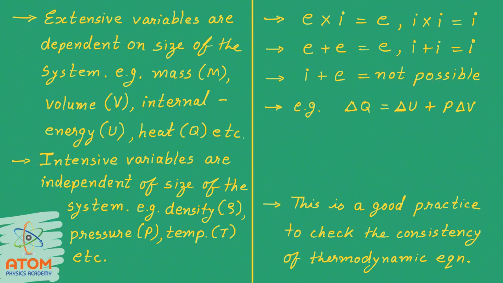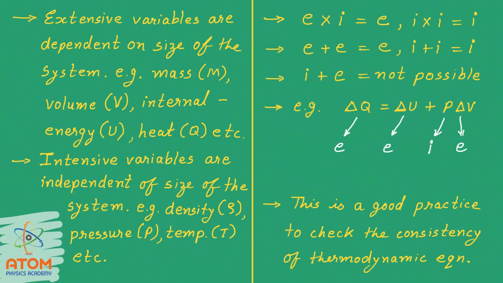Alright. Now let us see this example. We know this equation delta Q is equal to delta U plus P delta V. Now the first one, that is delta Q, is obviously an extensive variable. Delta U is an extensive variable. P, pressure, is an intensive variable, and delta V, that is volume, is again an extensive variable.